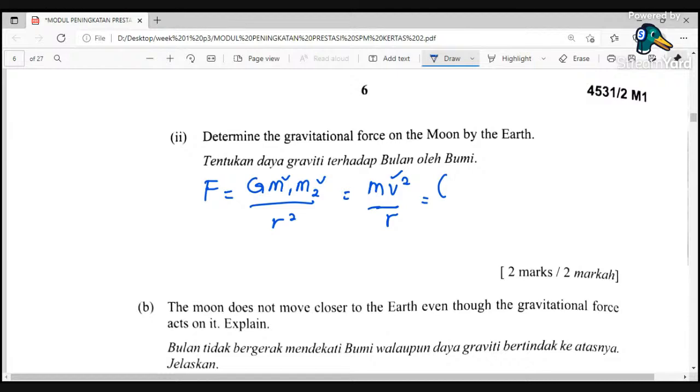mass of the Moon divided by radius of orbit.